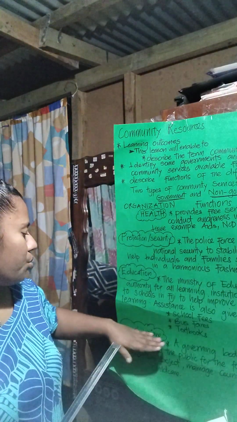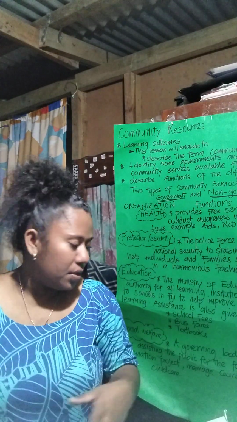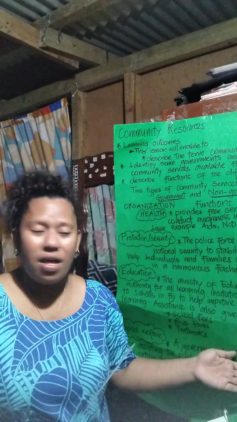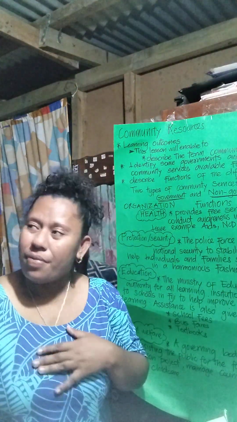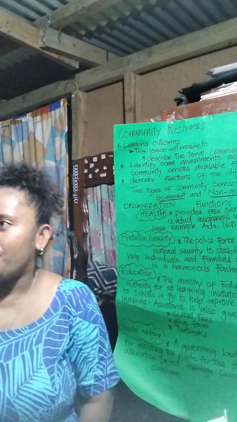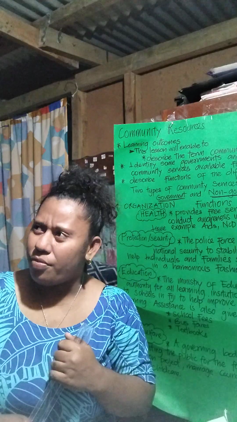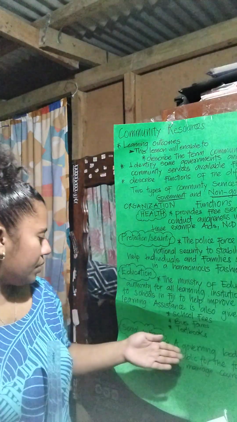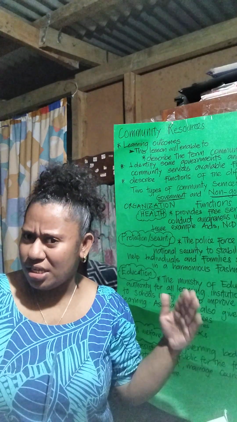So therefore, the social welfare are there to have counseling with the couples. They also assist the poor people. For example, nowadays the old people, I think 60 up or 55 up, they are getting social welfare, getting 100 plus in each month.